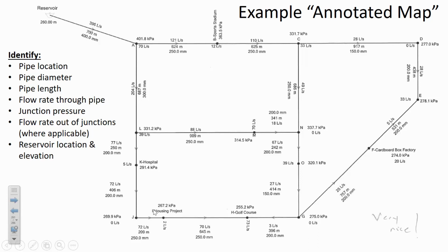This is an annotated map, and these are the annotations that need to be in the two maps that you provide. You can notice that the diameter of the pipe is specified, the length of each pipe is identified, and the flow rate through each pipe. The person who generated this map made it in such a way that all the information wasn't on top of each other.